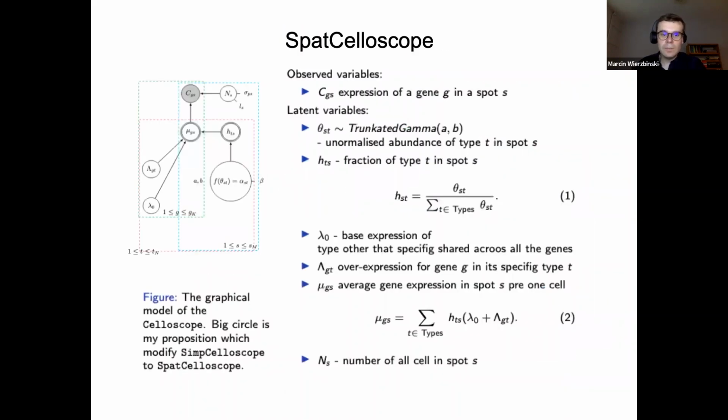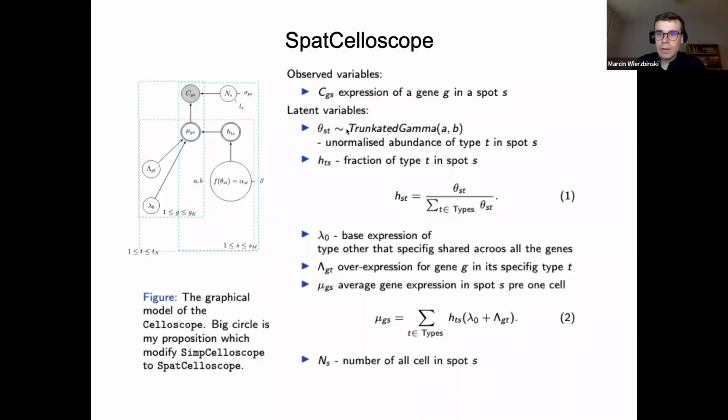Here we have a collection of variables of two types: observable variables and latent variables. And the model simplifies the variables of Celloscope, leaving variables such as the unnormalized abundance of type T in spot S.